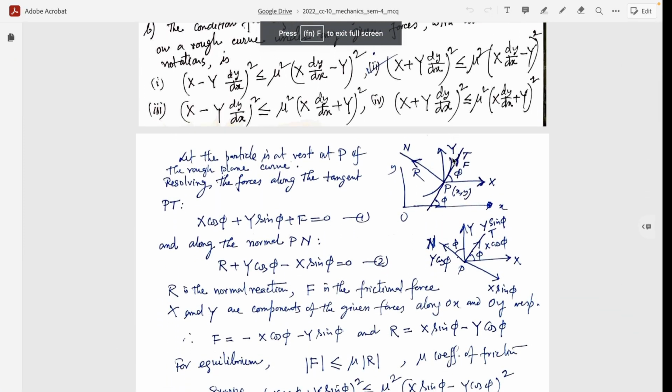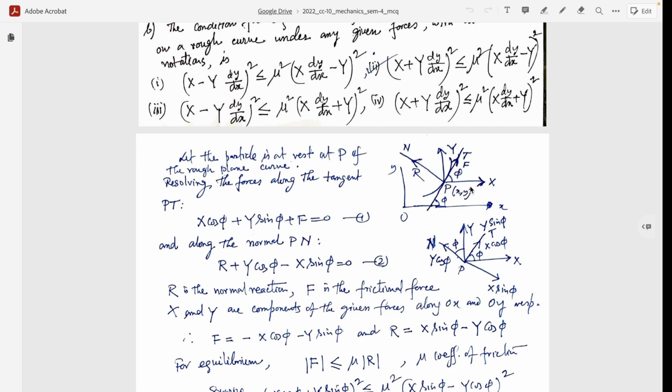Here, this is the curve, and this is a tangent PT. P is the point with coordinates (x, y), and this is the x-axis and this is the y-axis. Let the particle be at rest at the point P of the rough plane curve, and this is the tangent, and this is the friction force F in this direction.